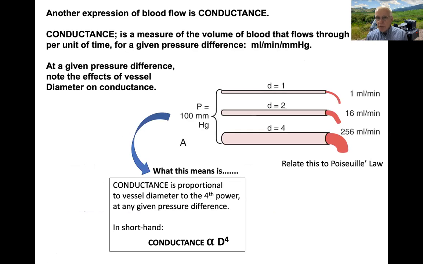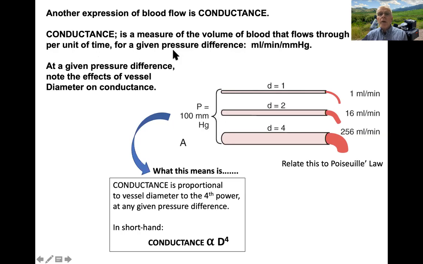Another way to describe flow rate is with the term conductance. And again, it's a measure of the volume of blood that flows per unit of time. That's similar to the flow rate that I just talked about, but for a given pressure difference. So in other words, we're normalizing flow rate.